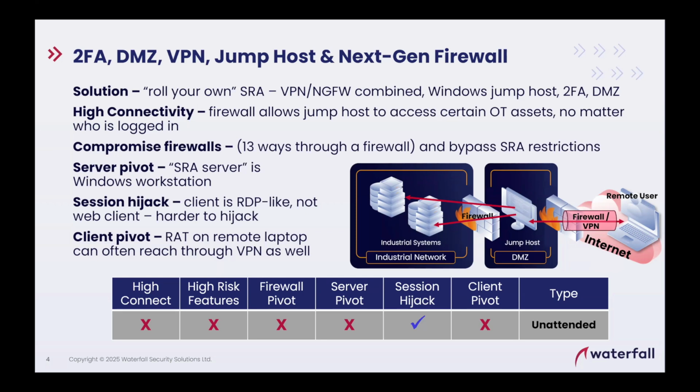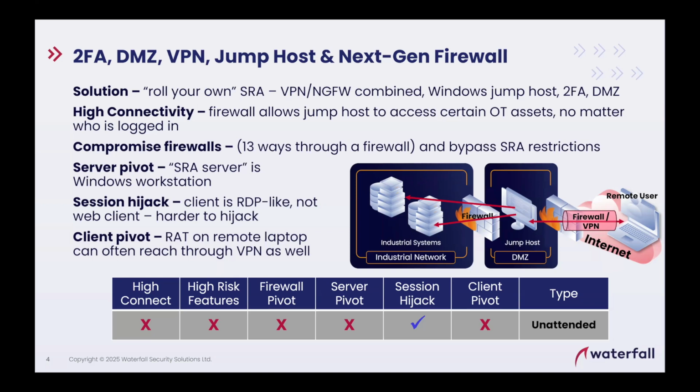And the type of remote access, this is unattended. There's nobody sitting on the jump host watching me. I'm doing what I want. And by the way, I didn't mention it, but imagine that we have two-factor enabled on the jump host. Again, if you're exploiting a vulnerability in the jump host, it's irrelevant.